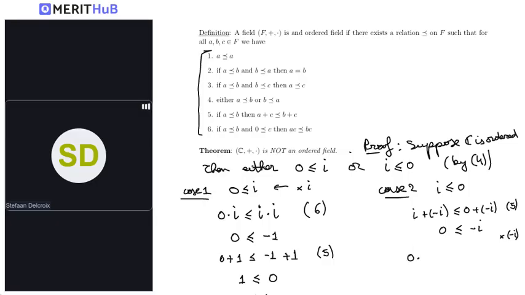So we get 0 times the opposite of i is less than or equal to the opposite of i times the opposite of i. And that is by property 6. 0 times the opposite of i is 0. What do you think that the opposite of i times the opposite of i is?